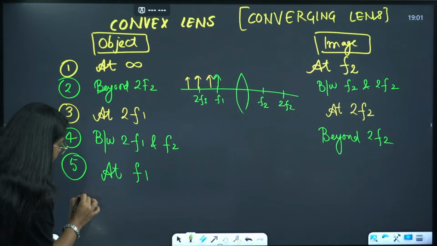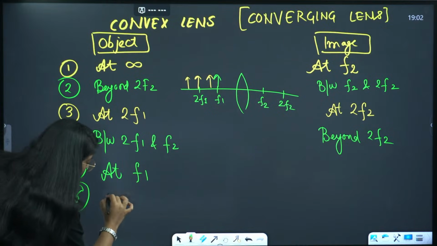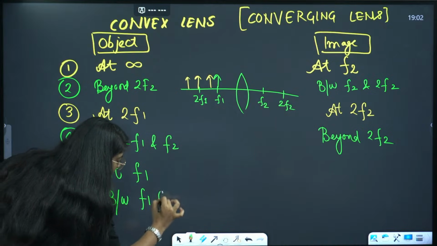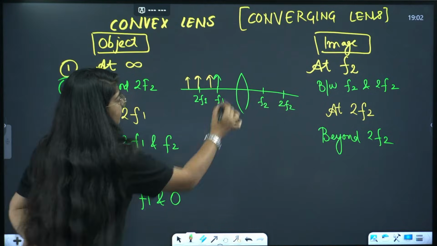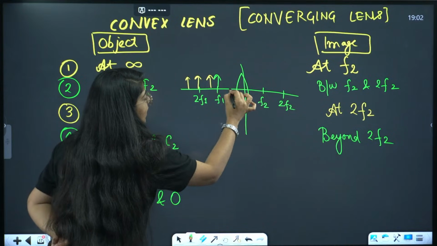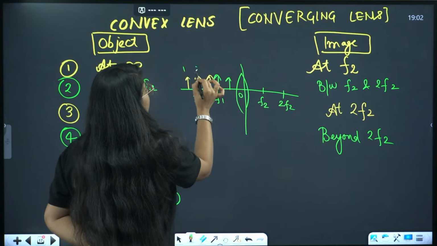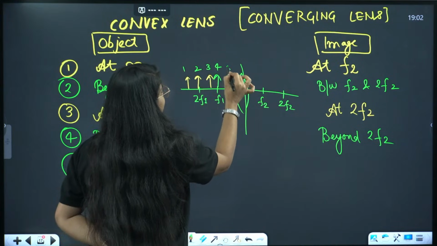देखो, 6th case is when the object is between F1 and optical center. This is the optical center and the object is somewhere here. ठीक है? This is 1, 2, 3, 4, 5 cases.